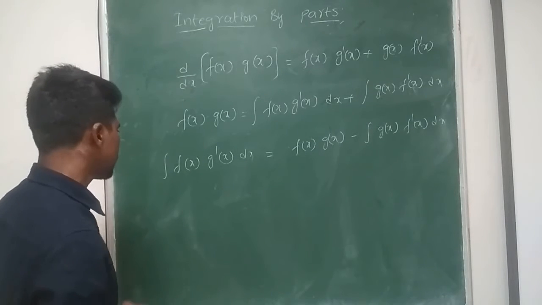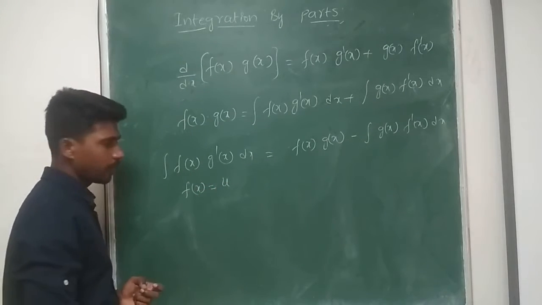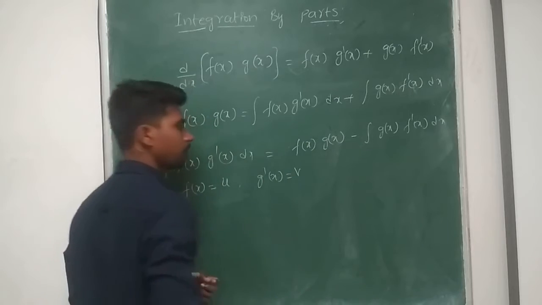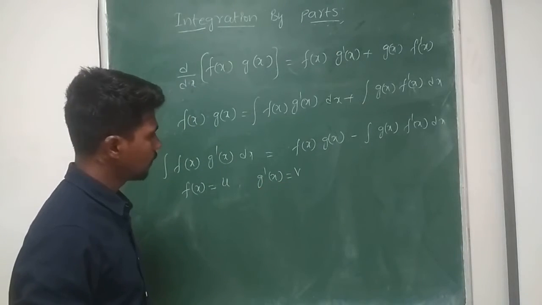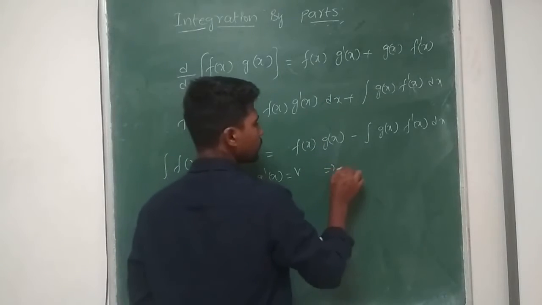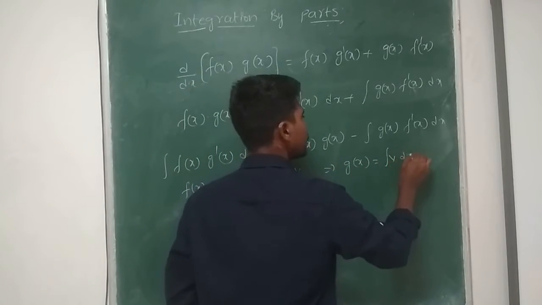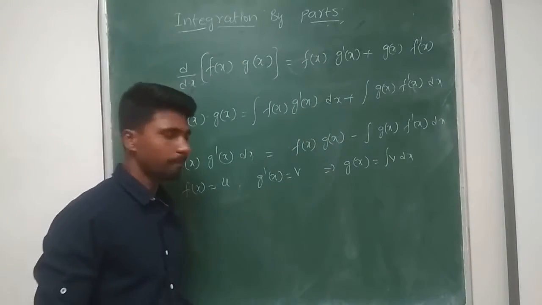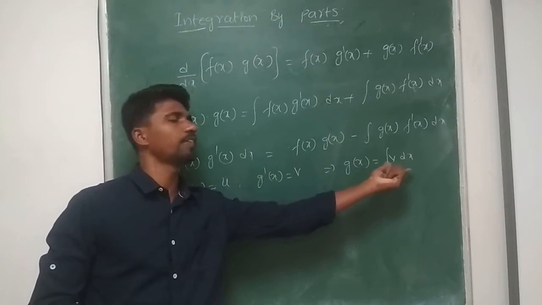Now if I replace f of x by u, and g dash of x by v, so if I take g dash of x as v, g of x will be equal to integral v dx. So u and v are functions in terms of x. If I apply integration both sides, I get g of x is equal to integral of v dx.